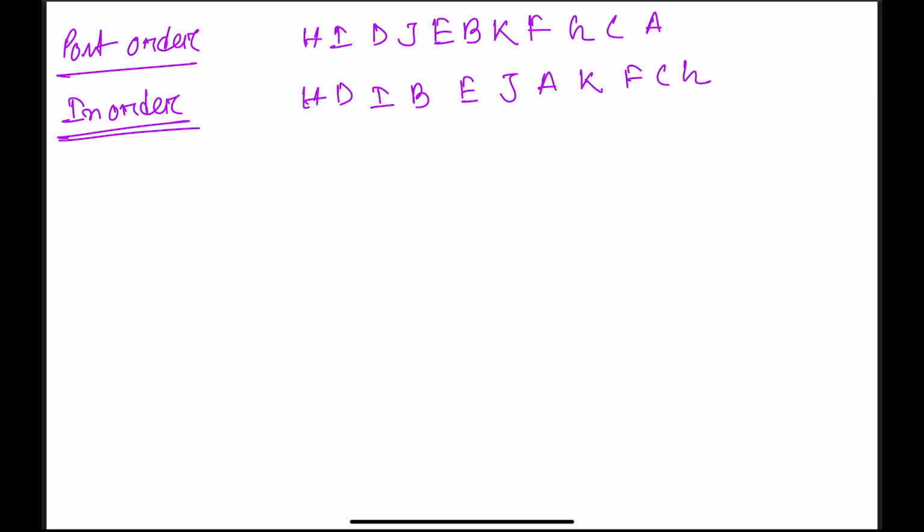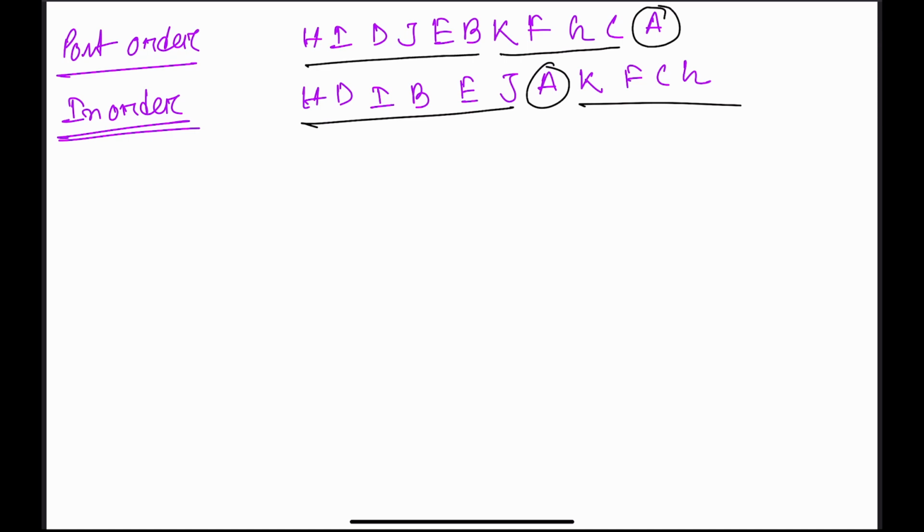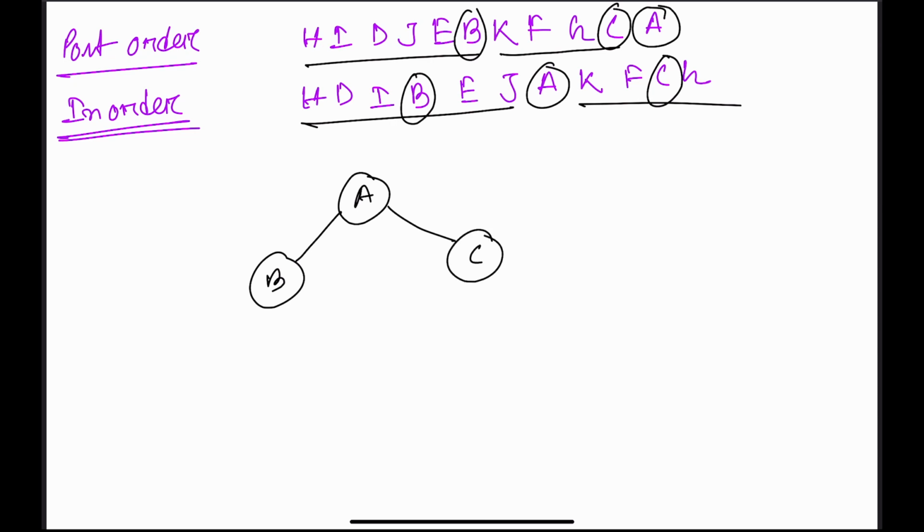In pre-order we knew that the root is the first element. In case of post-order, the root is the last element. So again it is divided into two parts. Up to J, that means the last four, would be the right subtree and the rest is the left subtree. So obviously A is here, then B and C would be the left one and the right one.